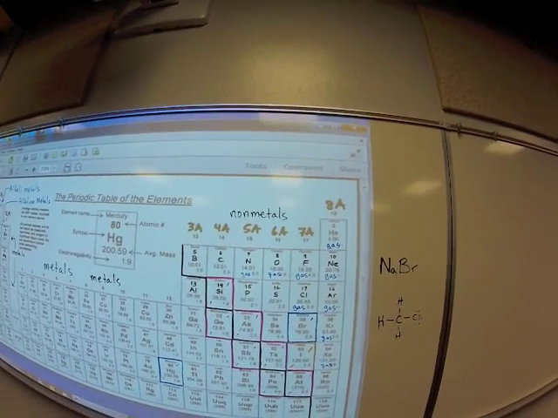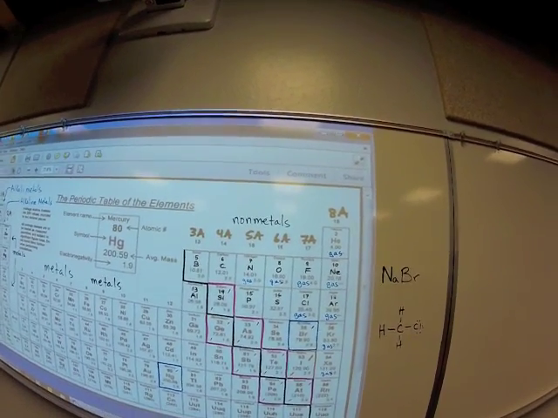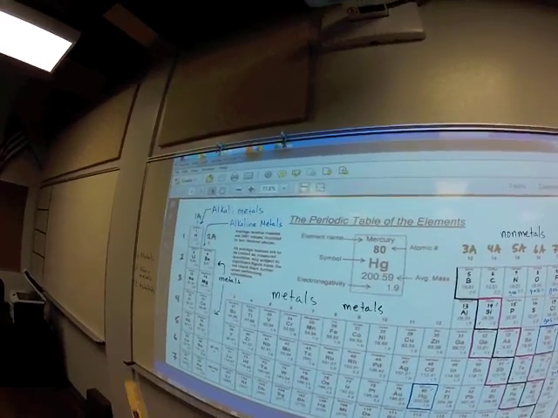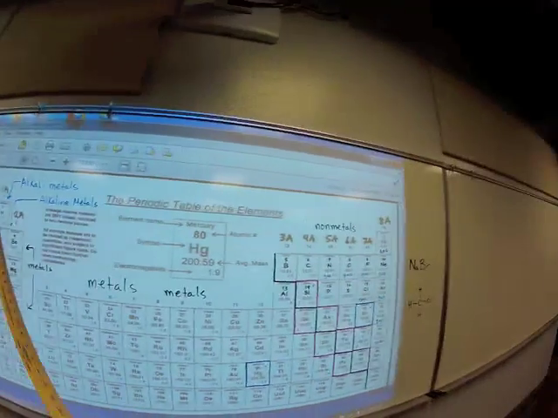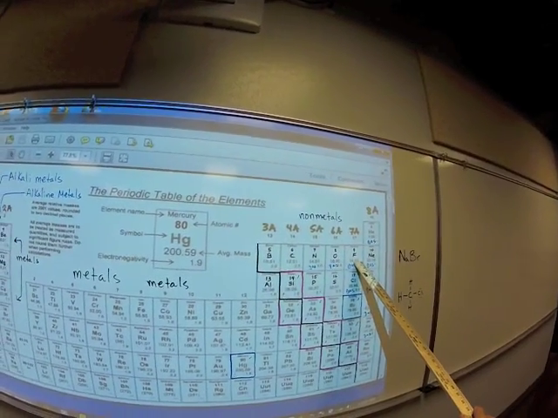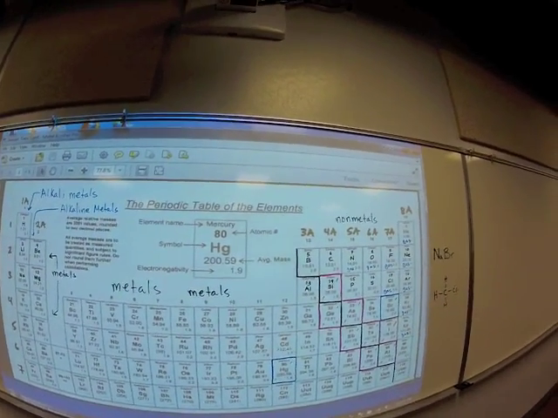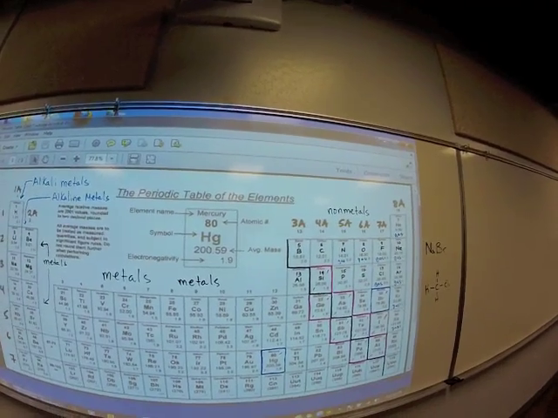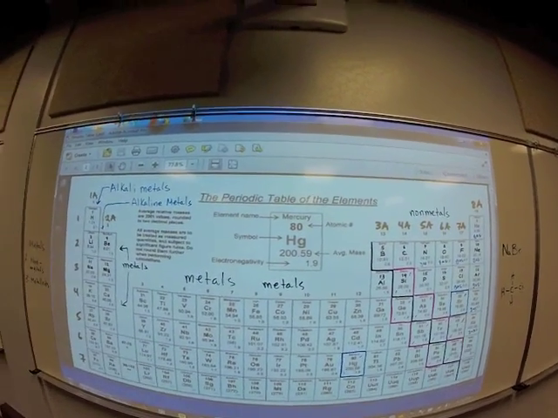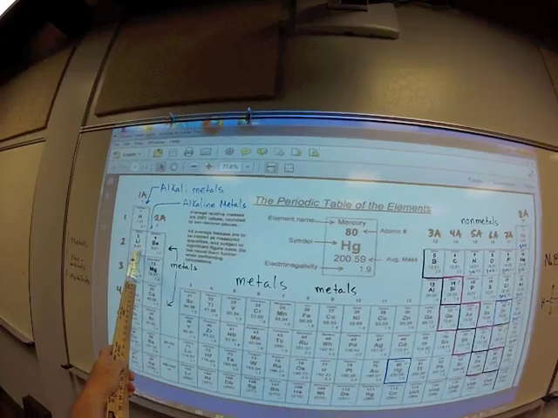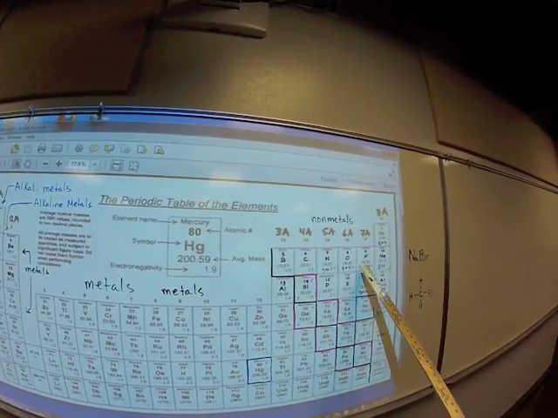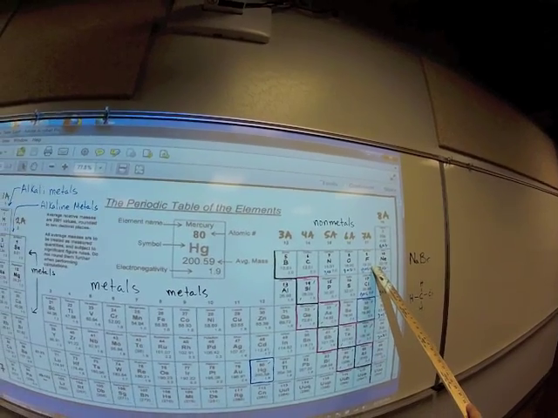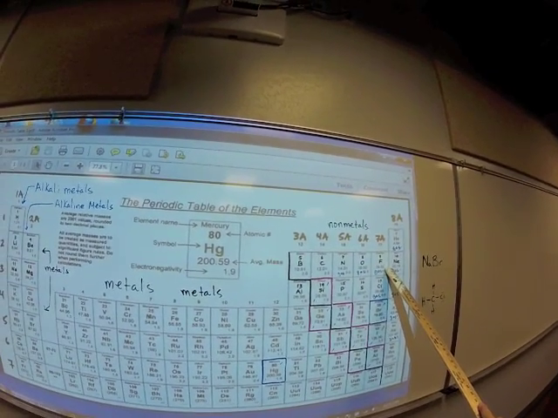So we need to now relate this idea back to ionization energy, all right? Because what the trend tells us is as we move from lithium to fluorine, the ionization energy is going to increase. That should make sense to you because the nuclear charge that exists in the nucleus of the atoms as we go left to right increases as we move across the period.